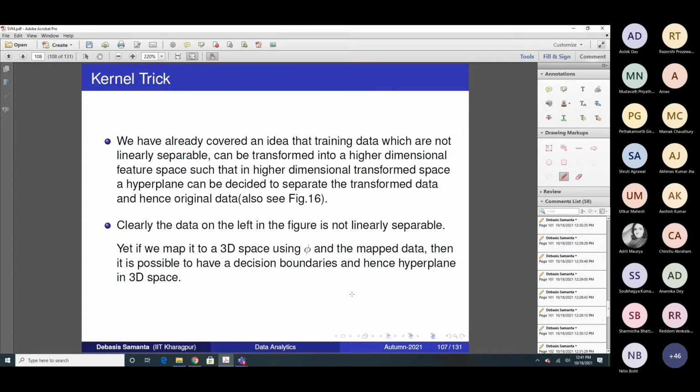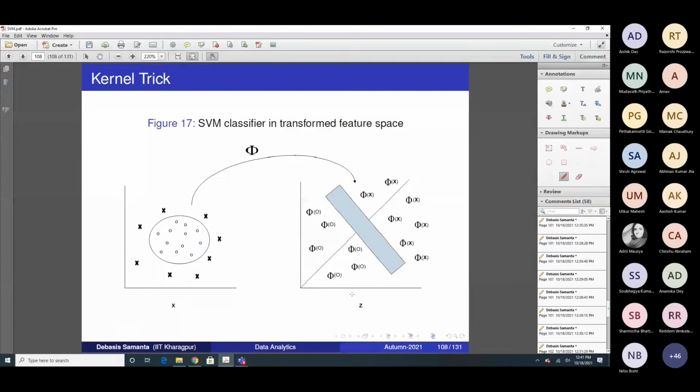Now let us proceed to what the mathematical treatment is. Again repeating the same example: if this is your linearly non-separable data and this is your boundary, then this is your kernel function transforming all the data, so this is one type of data and this is the other class of data.